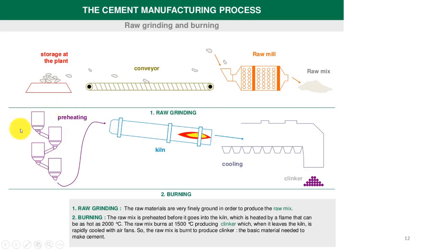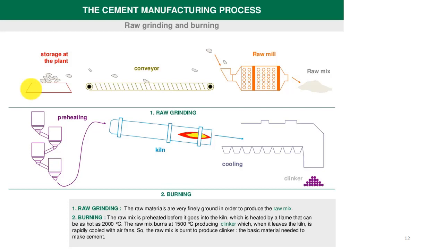Then the preheating of the feed material occurs. In preheating, the constituents, either limestone or some argillaceous rocks, are preheated at a high temperature, around 700 to 800 or 900 degrees Celsius, so that calcination can occur and limestone can convert into quick lime, which is very reactive in nature as compared to the limestone.